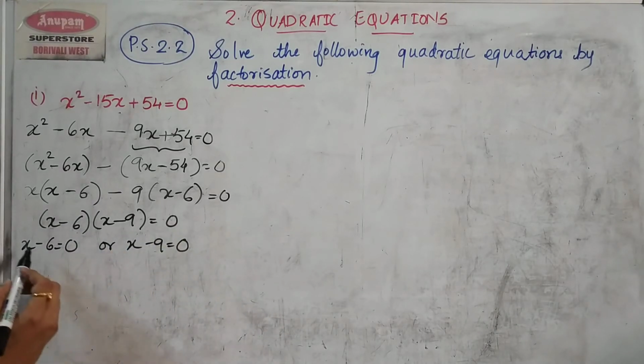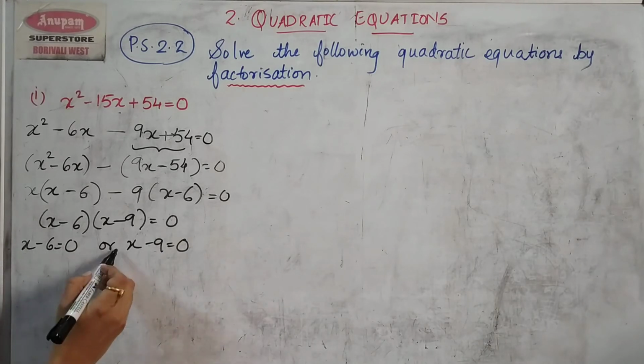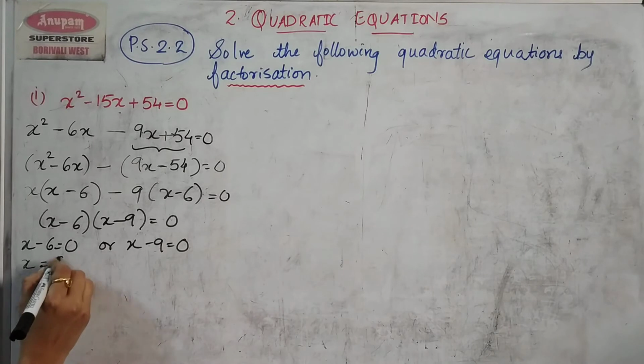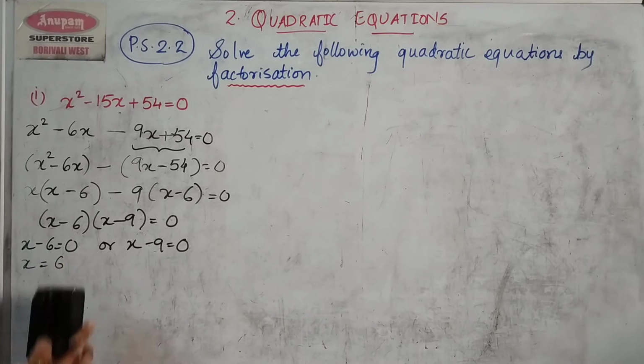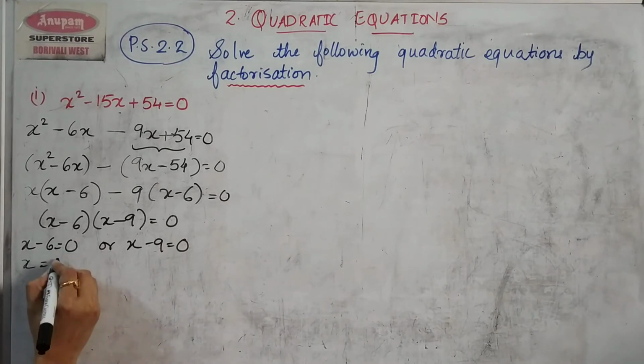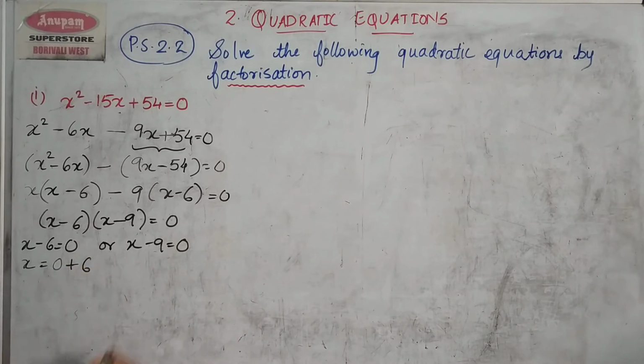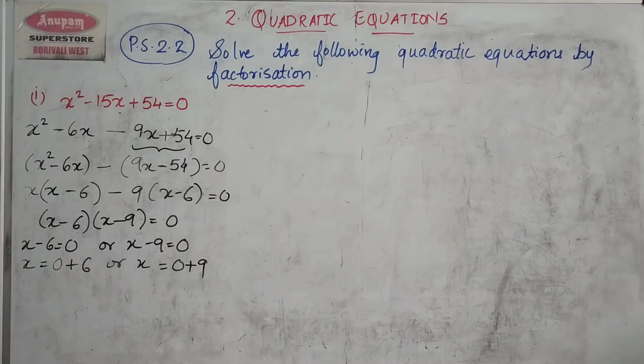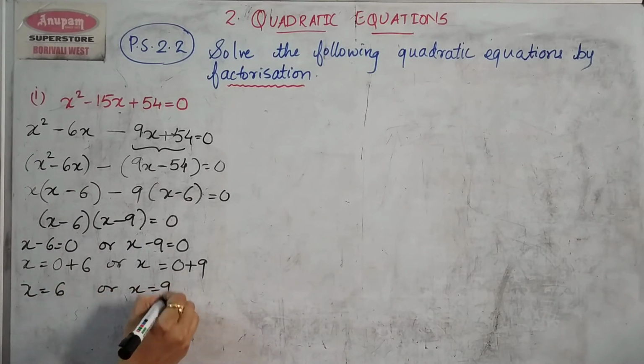So therefore we say that x minus 6 will be 0, or x minus 9 is going to be 0, which will be x is equal to, if minus 6 comes on the other side, it becomes plus 6, or x is equal to, this minus 9 comes here, it becomes plus 9. So x is equal to 6, or x is equal to 9. So this is the solution for the first sum.